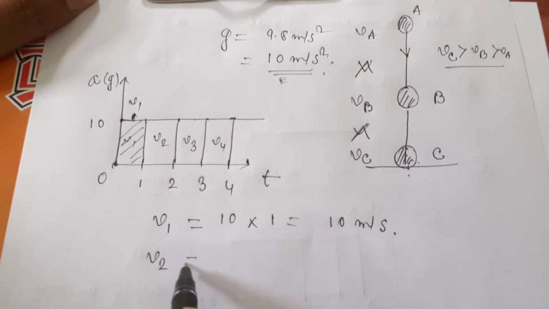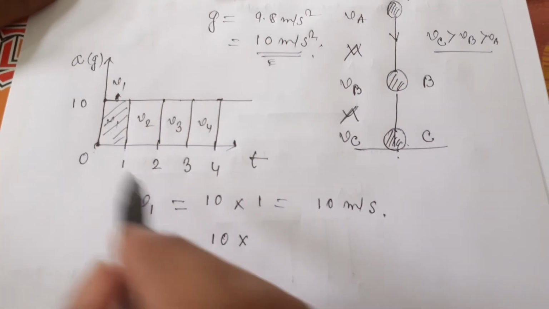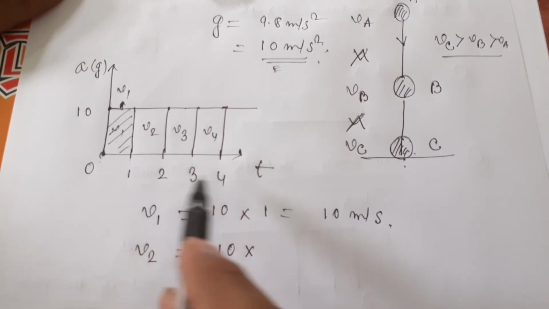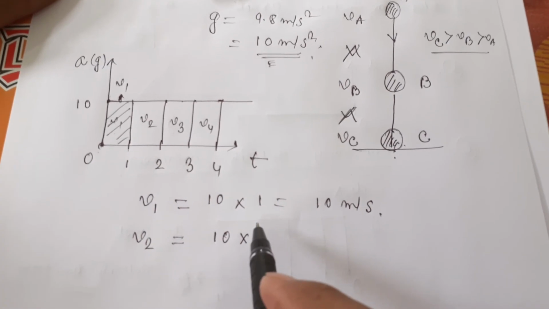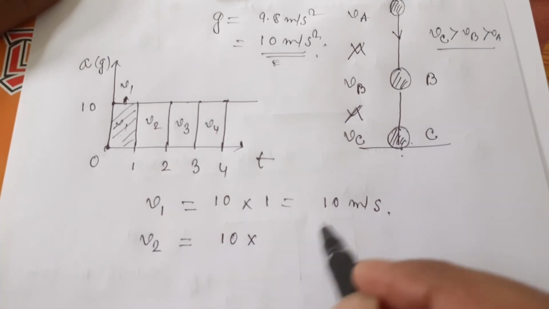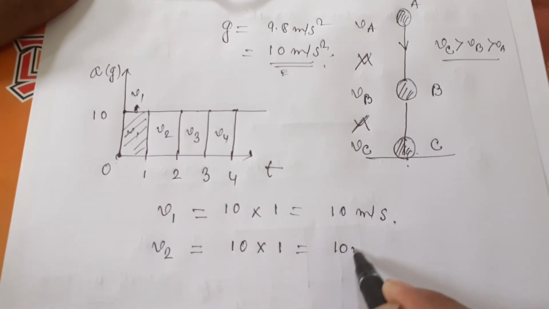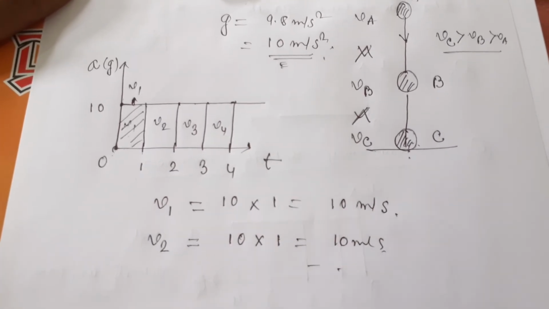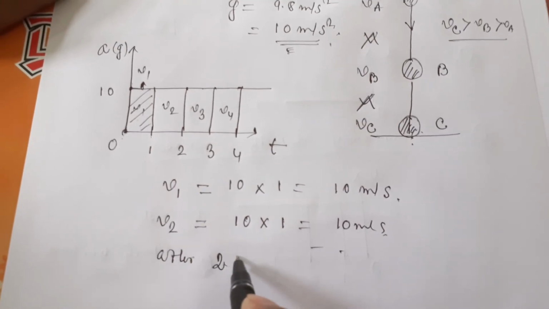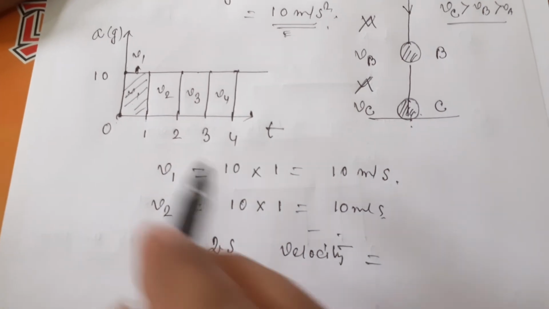Similarly, V2 will be how much? Length is not changing, but breadth is changing. In this case, after 2 seconds, not V2 actually, in this case also it is 10 meter per second, everywhere the same. But if you consider the velocity after 2 seconds, it will be how much?